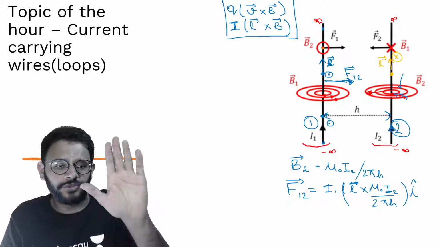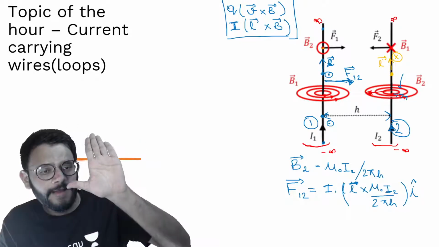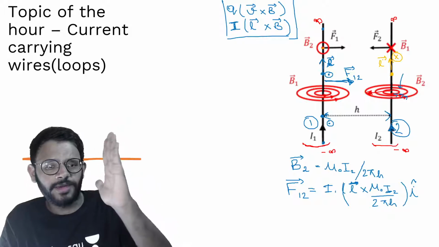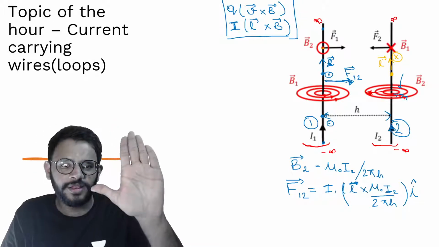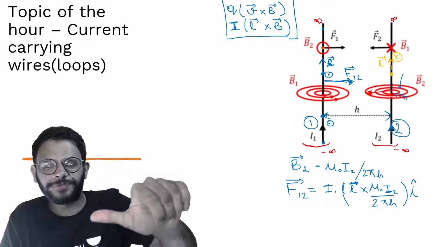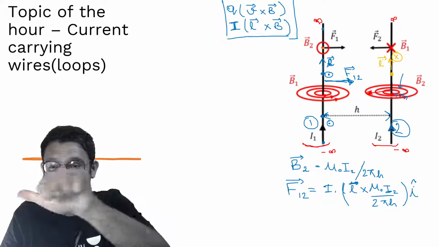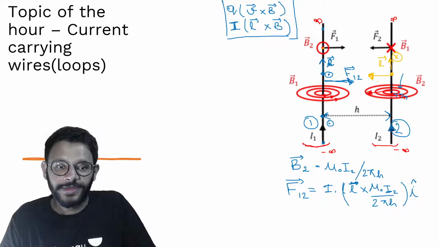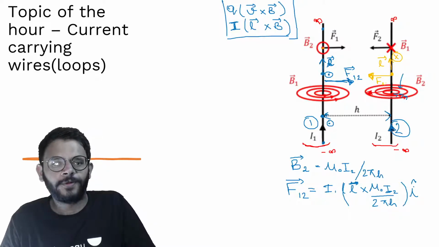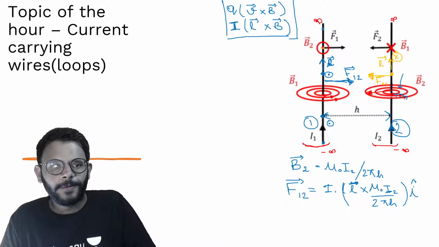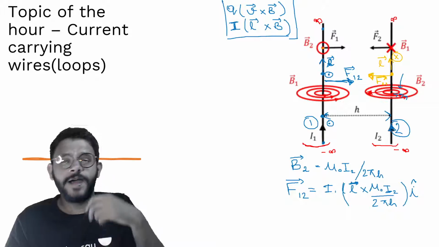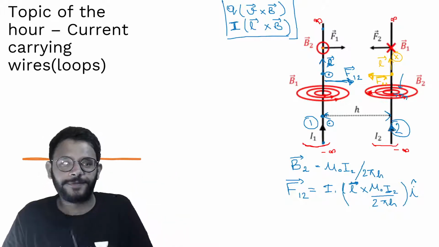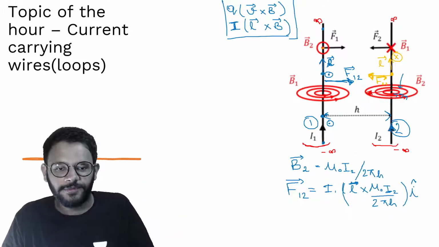So I'm going to use the L cross B, keeping my hand in the direction of L, curling it towards B. The force is coming leftwards, isn't it? It surely is. So the force acting on wire 2 because of wire 1 is going to be in the left direction.